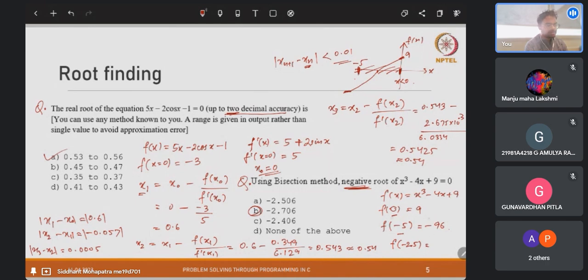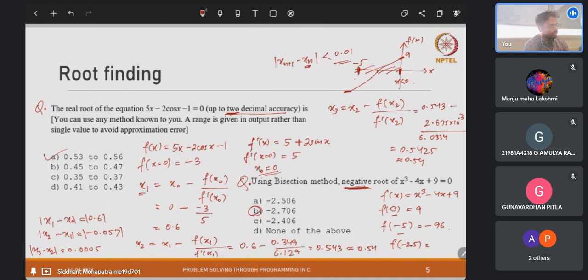For 0 it's positive, so I take that as my initial condition and start the bisection method from there. When you solve it, you will get the solution as roughly minus 2.7.